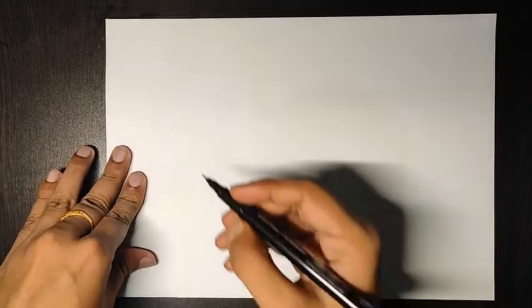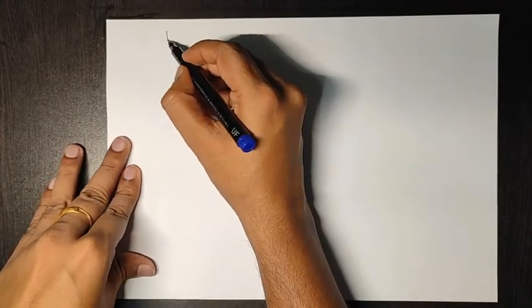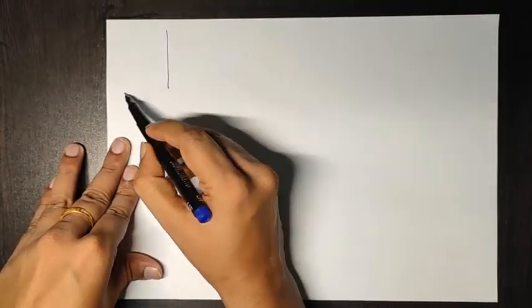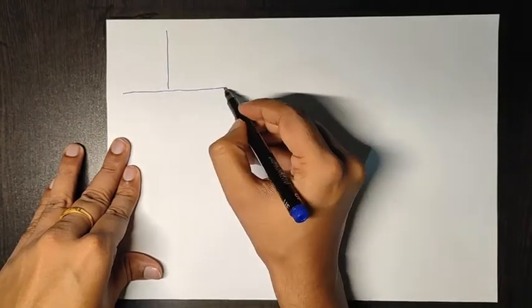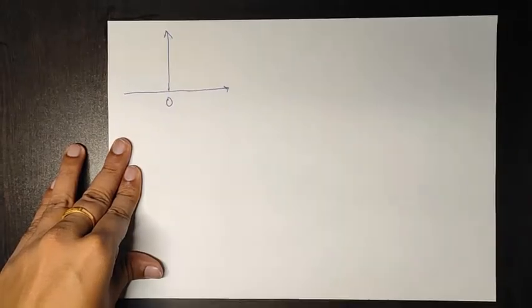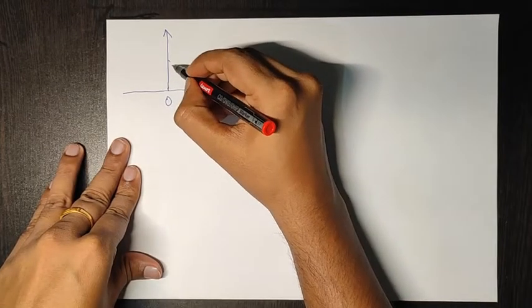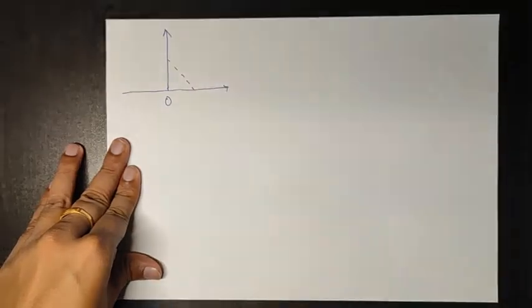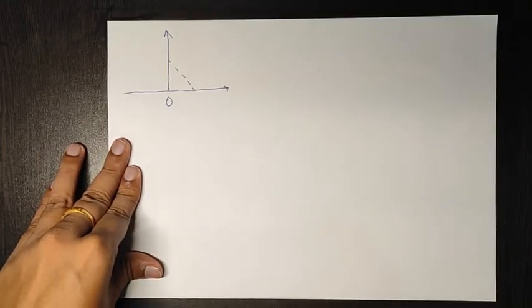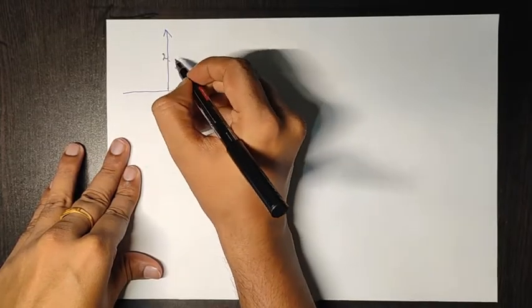Once again, draw the x(tau) as it is. This is tau, this is 2 units, this is x(tau), right?